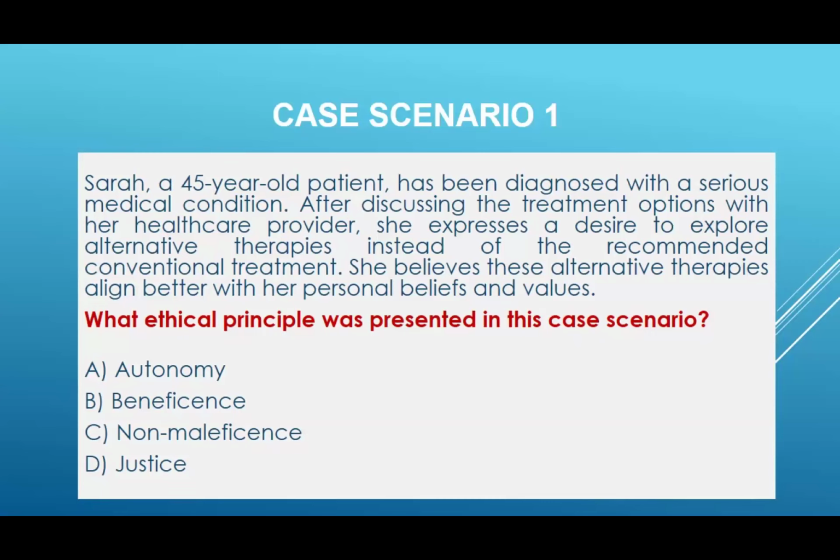She believes that these alternative therapies align better with her personal beliefs and values. What ethical principle was presented in this case scenario? Is it autonomy, beneficence, non-maleficence, or justice? If you know the answer, please write the letter of the answer in the chat box.